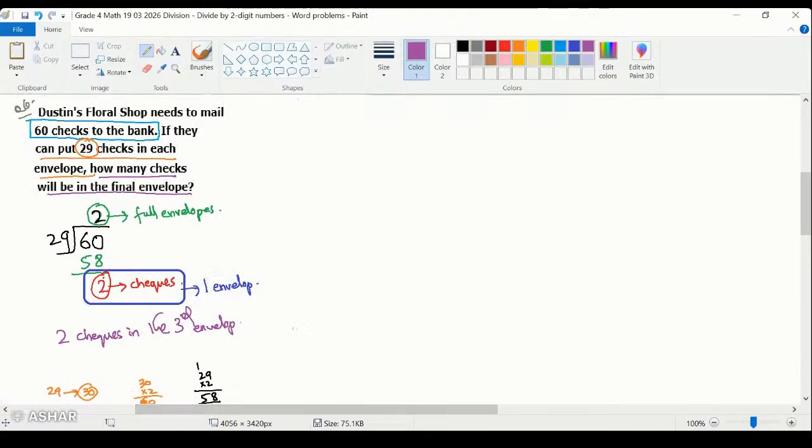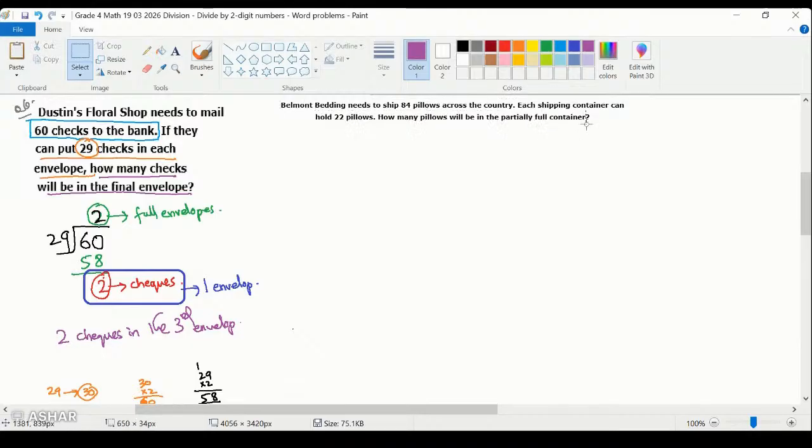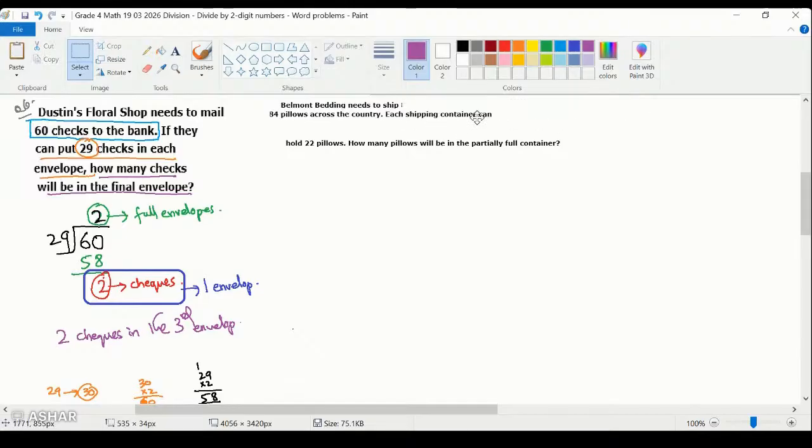The next question says Belmont Bedding needs to ship 84 pillows. Each shipping container can hold 22 pillows. How many pillows will be in the partially filled container?